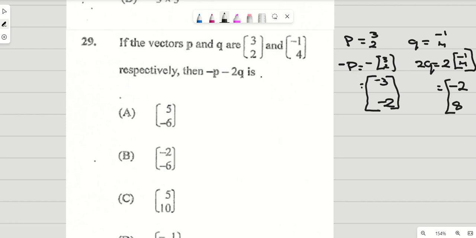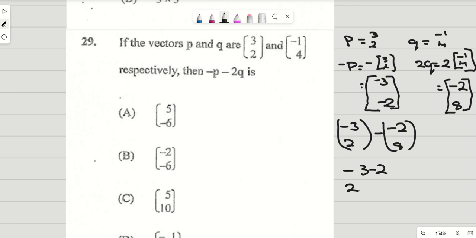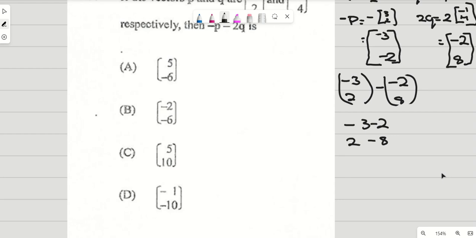So we're subtracting these two. So we have minus 3, 2, minus 2, 8. Right? This would be minus 3 minus 2, and then 2 minus 8. Minus 3 minus 2 is minus 5.